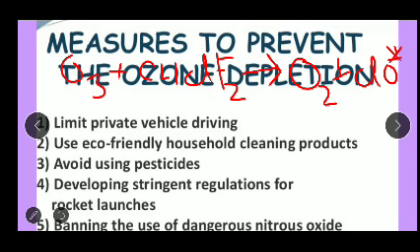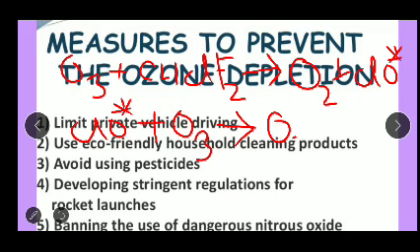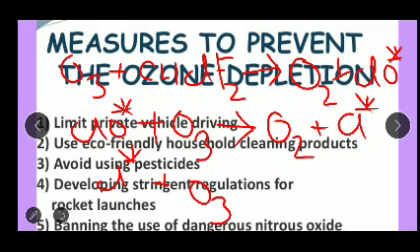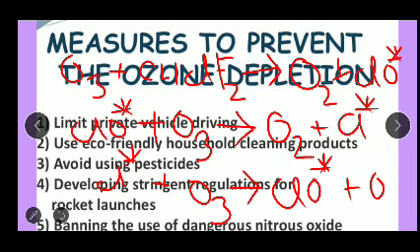This chlorine monoxide reacts with ozone to form O2 plus a single chlorine atom. This chlorine atom reacts with O3 to form ClO plus O2.